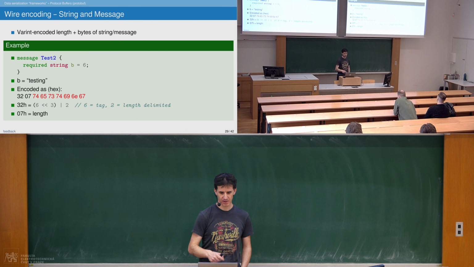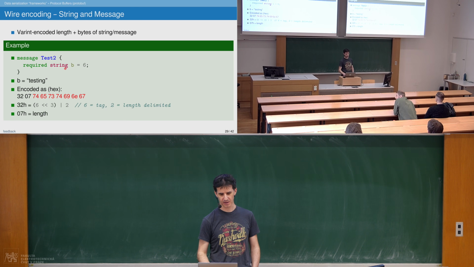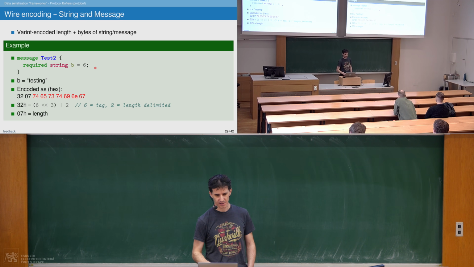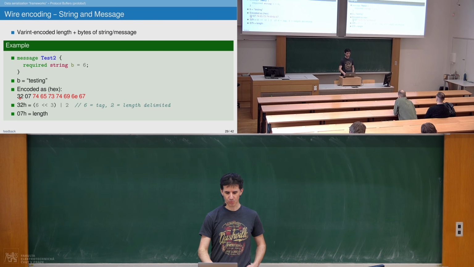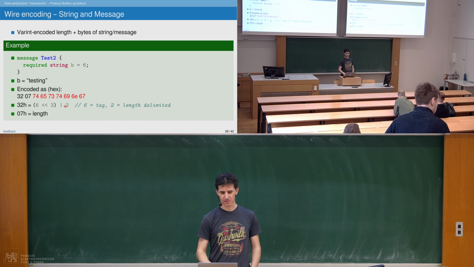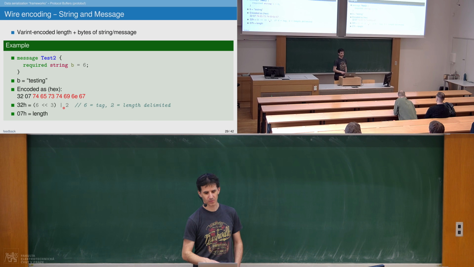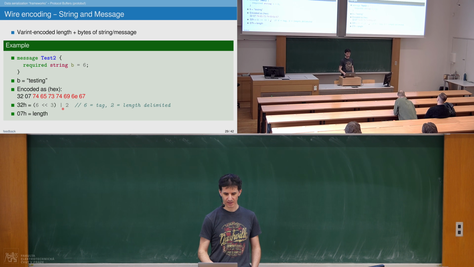So for example, if you have a message containing one string with tag 6, this gets encoded as 50. 6 is the tag shifted by 3 bits, ORed with 2, which stands for length-delimited encoding.